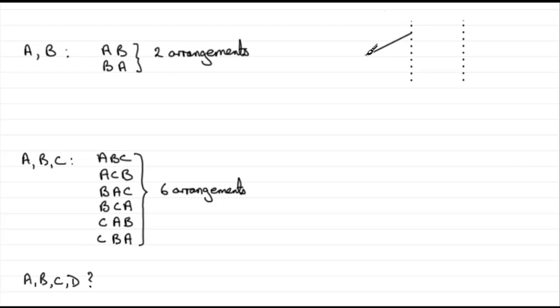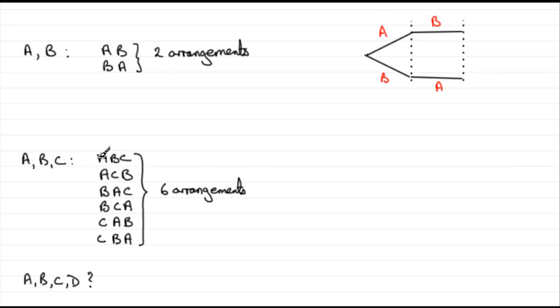Well, we have two choices because it could be an A or a B. But as soon as we've chosen one of the letters, we've only got one choice left for each of them. If I choose an A, I can only go on to choose a B. Or if I choose a B first of all, then I can only go on to choose an A. And you can see here we've just got our two choices.